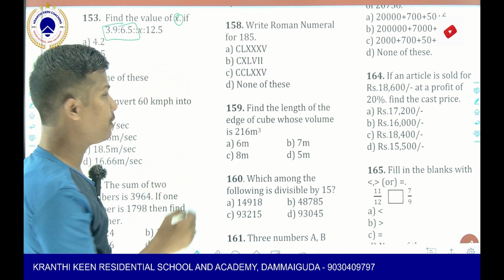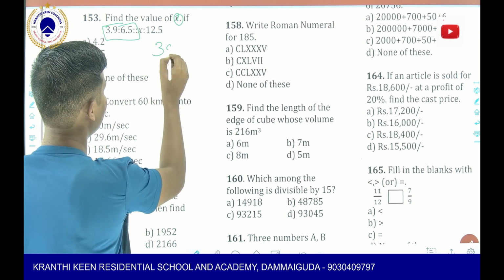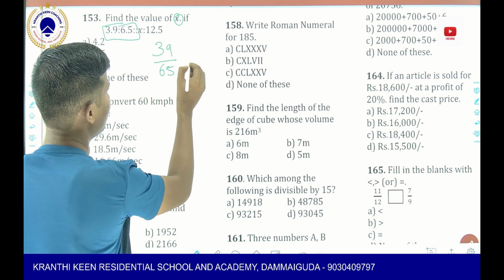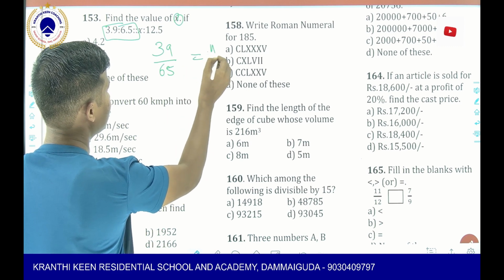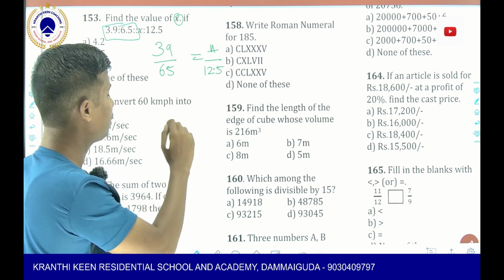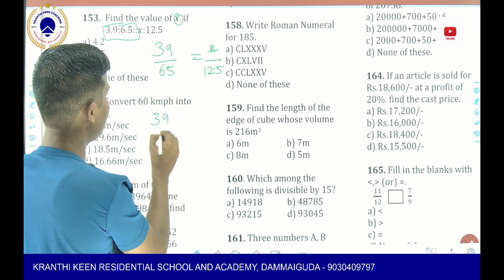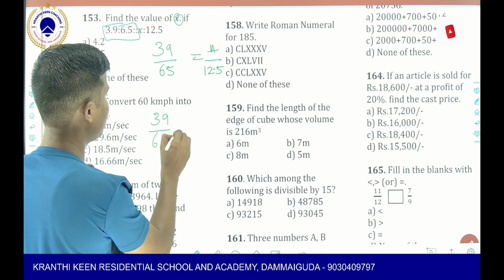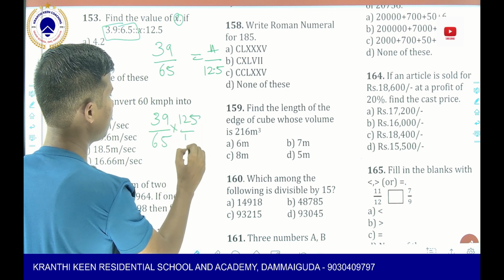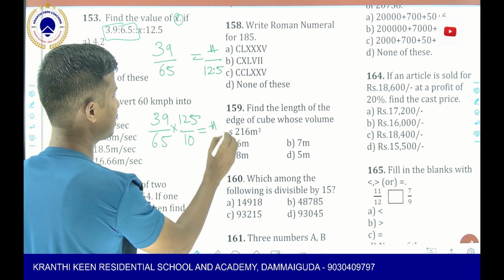3.9 by 6.5 you can write as 39 by 65, which is equal to x by 12.5. Transpose 12.5: 39 by 65 into 12.5, which can be written as 125 by 10, is equal to x.